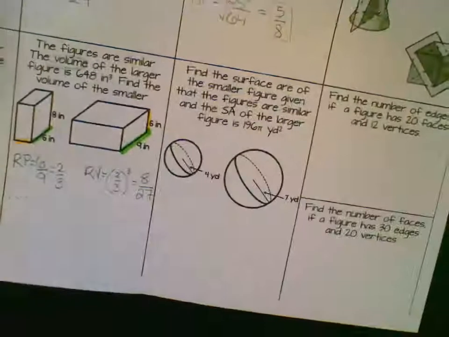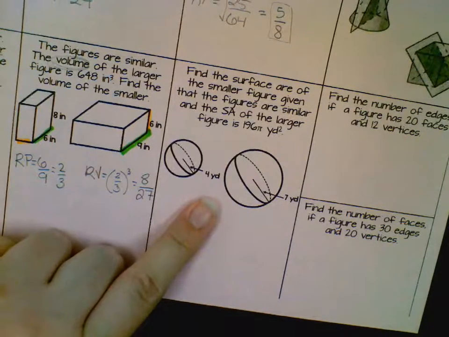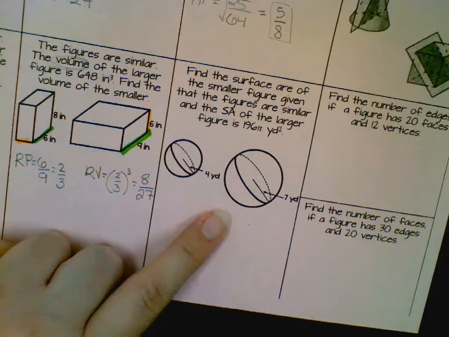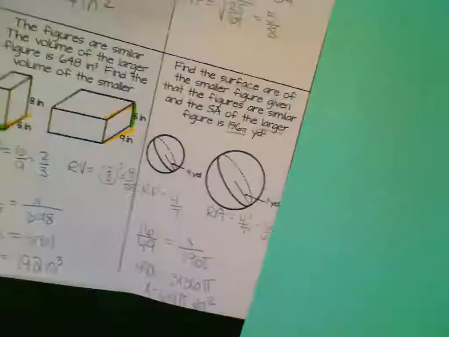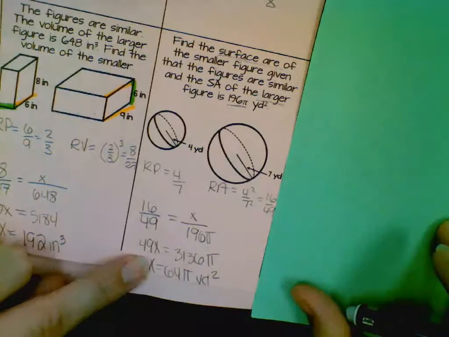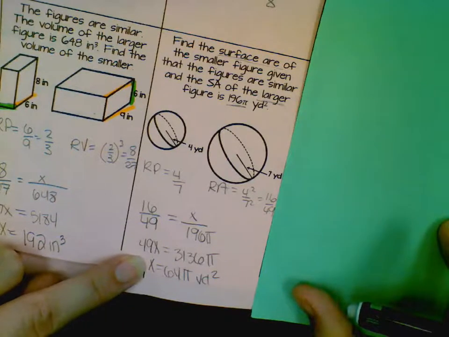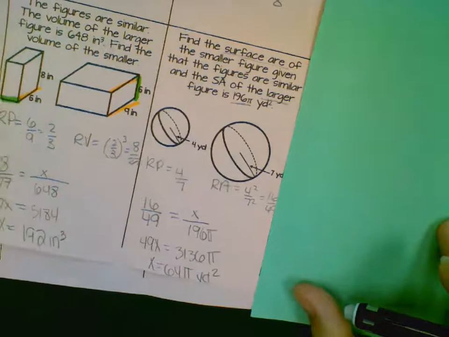Now I would like you to pause again and try to find the surface area of the smaller figure for this example. So we found the ratios of the areas, made our proportion, and we ended up that the surface area of the smaller figure is 64 pi yards squared.